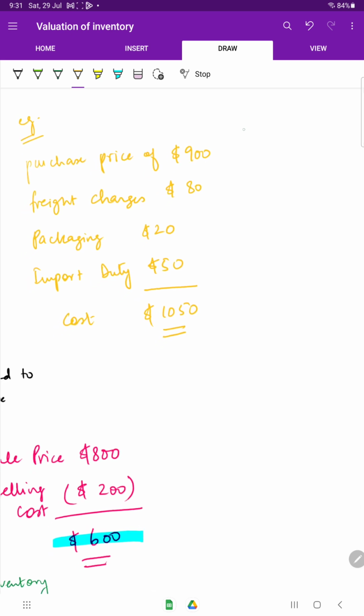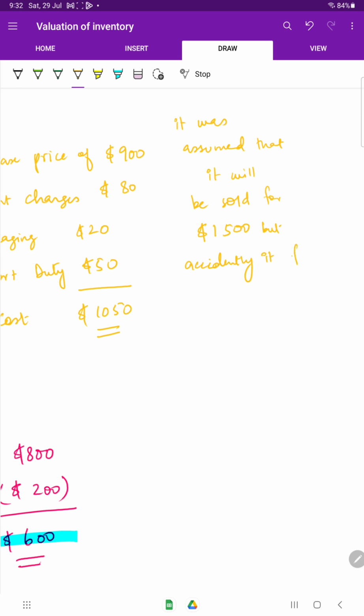And the question says that it was assumed that it will be sold for, we've bought it for 900, we'll sell it for 1500. But accidentally what happened is it fell. You have dropped your inventory and it's damaged.